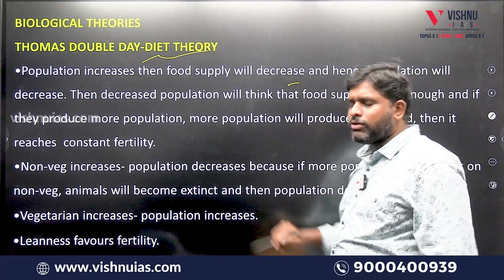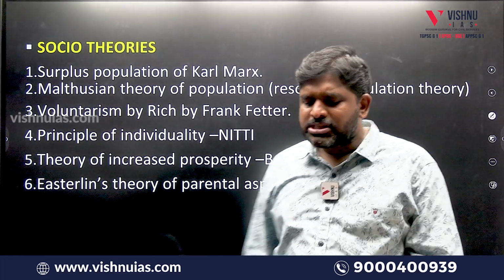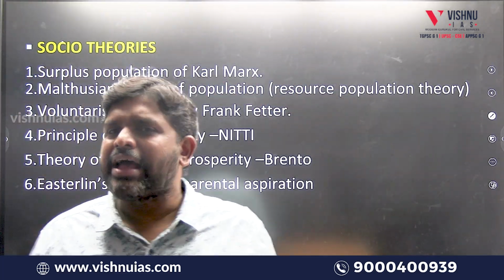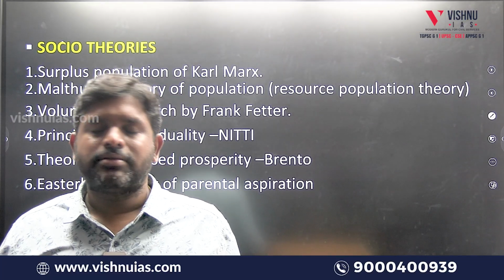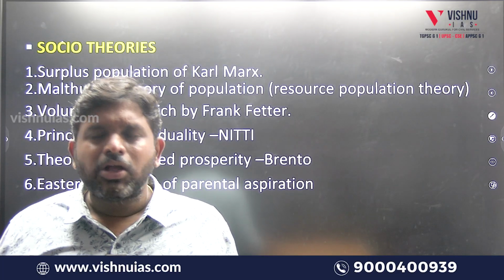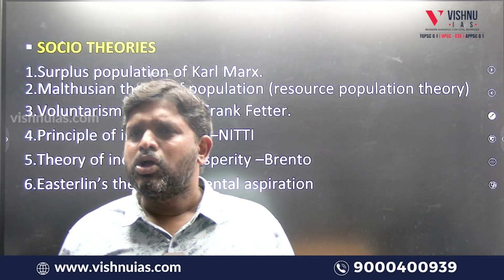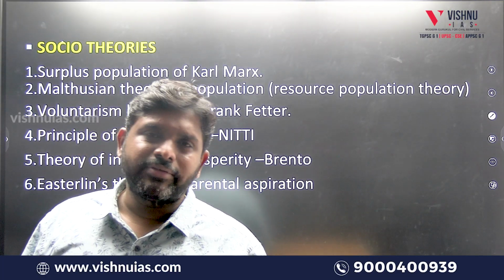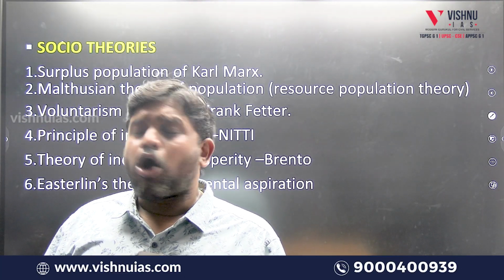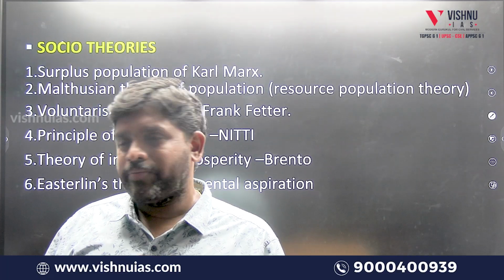What he wants to tell through the Thomas Doubleday diet theory is the general tendency of early man, and women as well as men. Both are sexually active. When both are sexually active, obviously the population will grow.